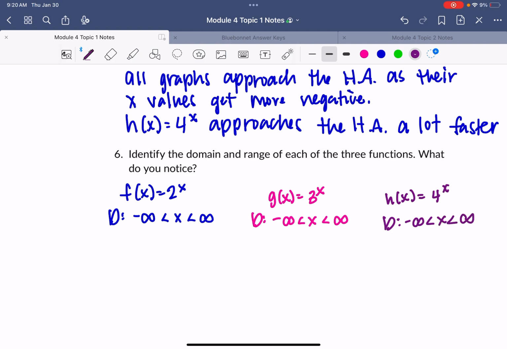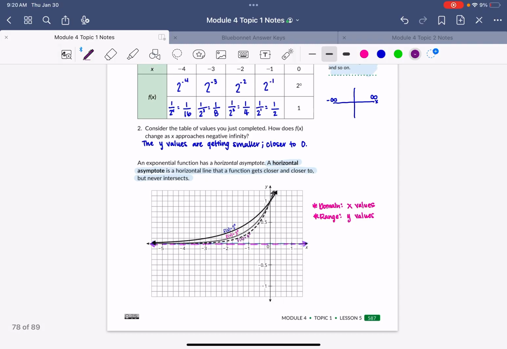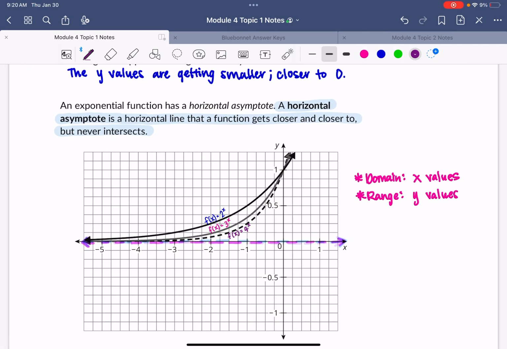Okay, so now let's look at range. Range is going to be talking about the y values. So now I want to know, well, how low to how high is your graph going to go? Well, our graph has a horizontal asymptote, so I'm not going to be able to go really, really low, right? My graph is going to get really close to that horizontal asymptote. But remember, it doesn't touch it and it doesn't go past it.